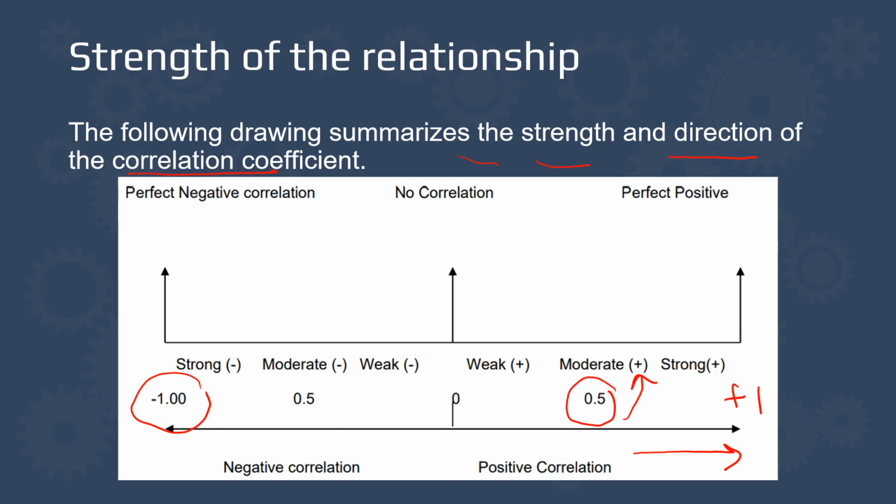What about negative 0.5? Because of the negative sign, we say moderate negative correlation. If it is close to positive 0.8 or 0.9, we can say there is strong positive correlation. If it is negative 0.8 or negative 0.9, we say strong negative correlation. And if r is close to 0, we might say there is little correlation, or no correlation between the two variables.